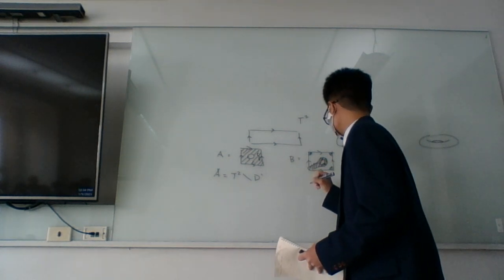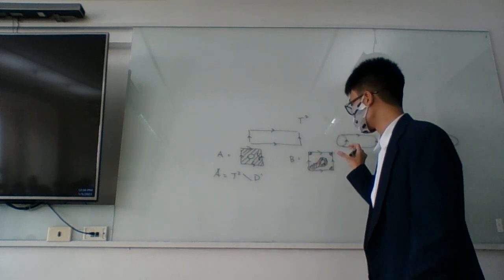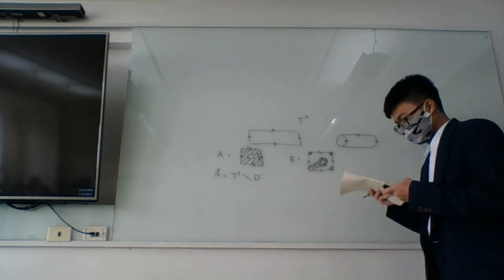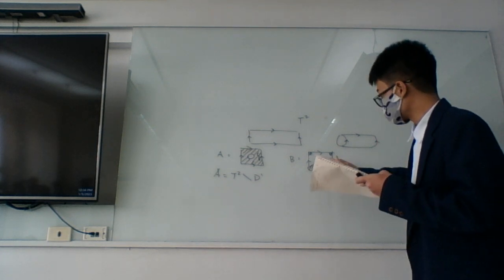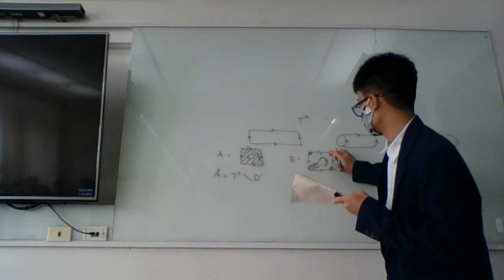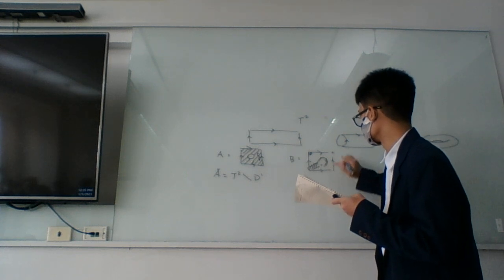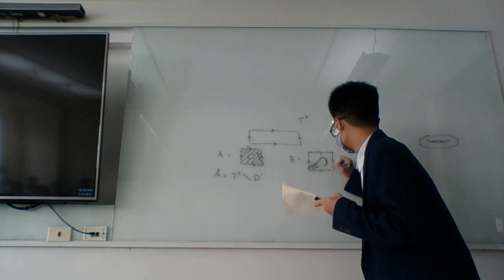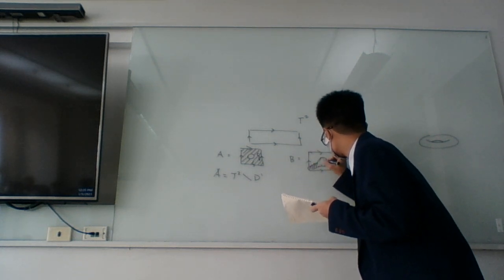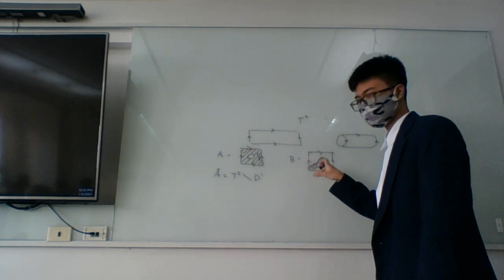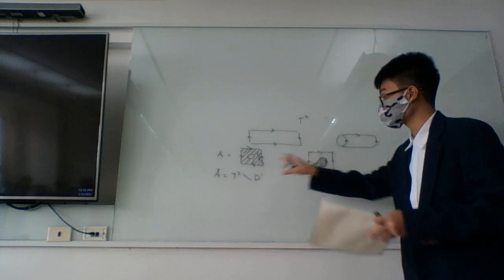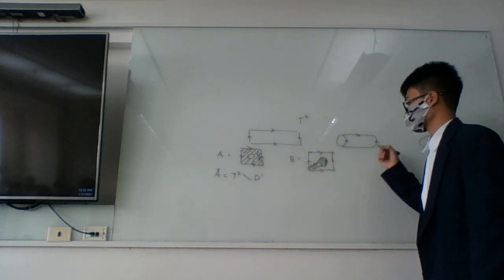Okay, so now we have B. B is some sliver or some part of A. Oh wait, no. B is just a shaded area, sorry. That's C. So sorry. B is just a shaded area. Okay. Just a shaded area around here. And then C is the intersection between these two.